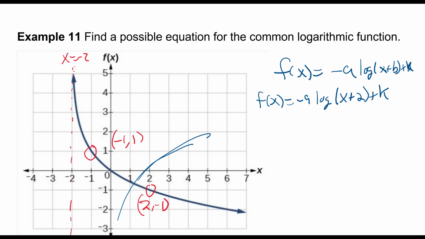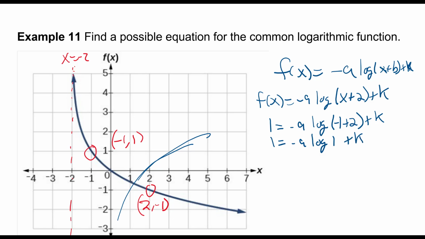So if we try the -1, 1, we get 1 equals -a log of, sorry, the x was -1 there, -1 plus 2, plus k. It's going to be 1 equals -a log of 1 plus k.